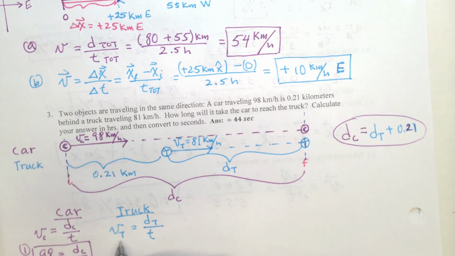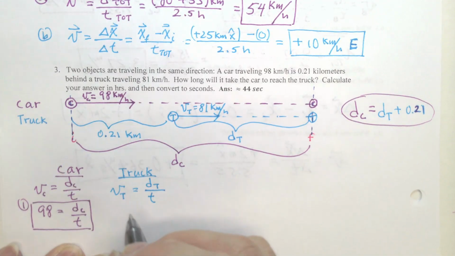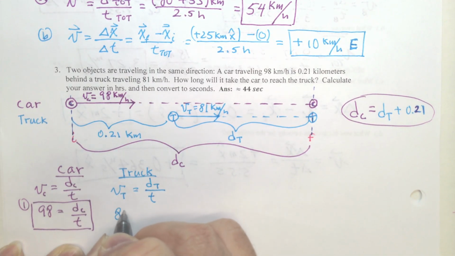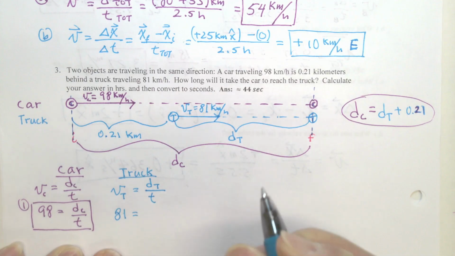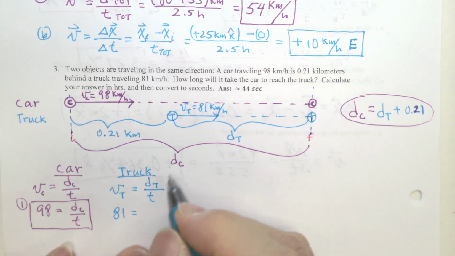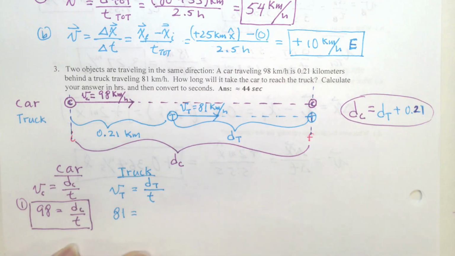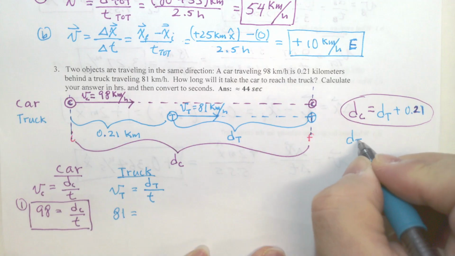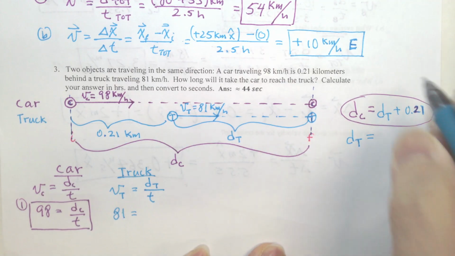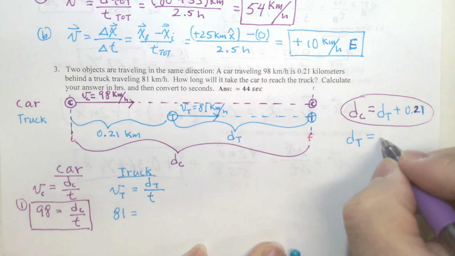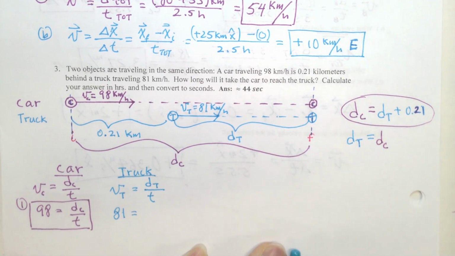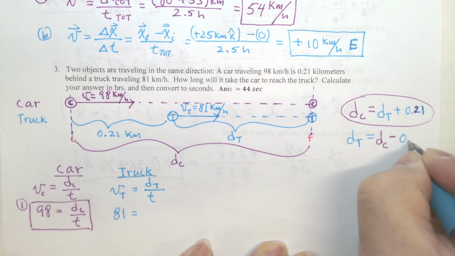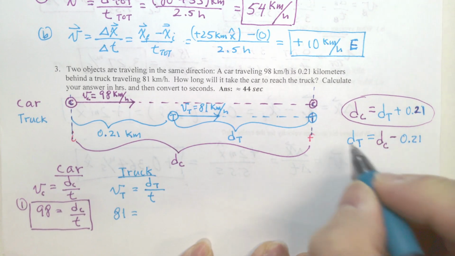So we know the speed of the truck is 81 kilometers per hour, but if we were to solve for the distance for the truck, that is the same thing as distance car minus 0.21 kilometers.